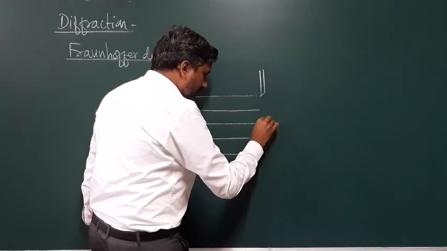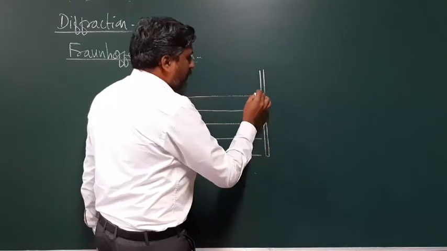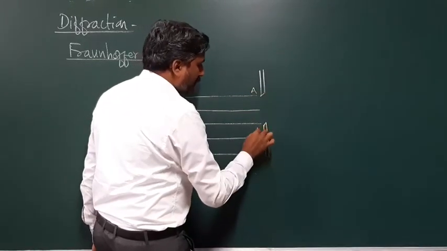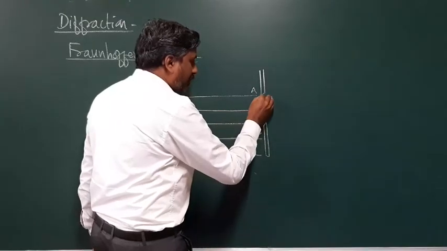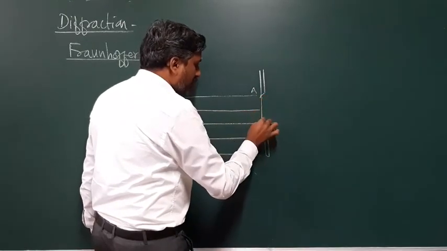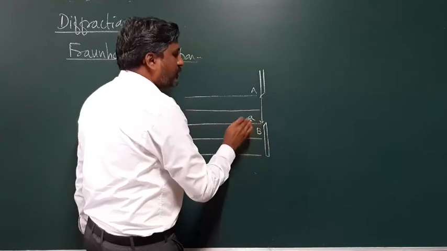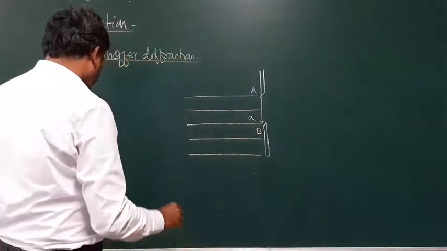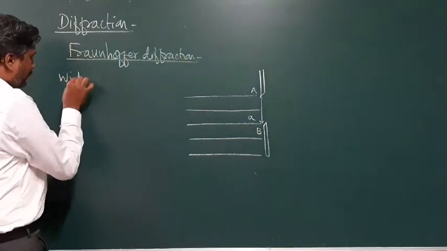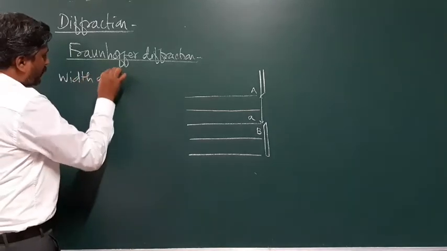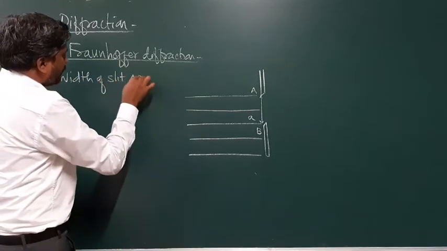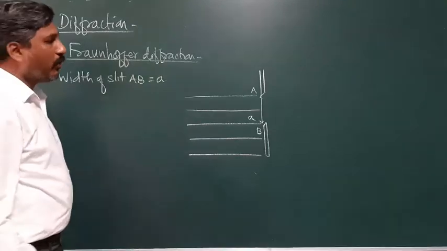This is the slit. Now label it: AB is my slit, and the width of the slit is small a.